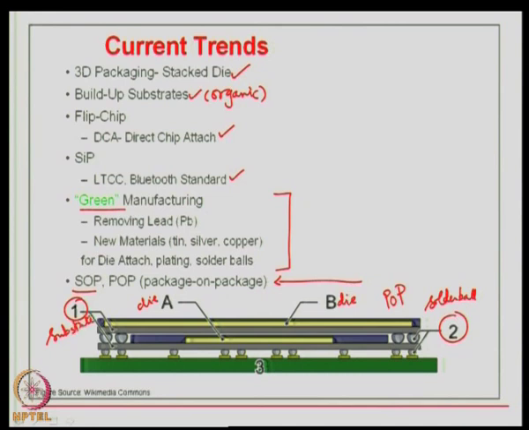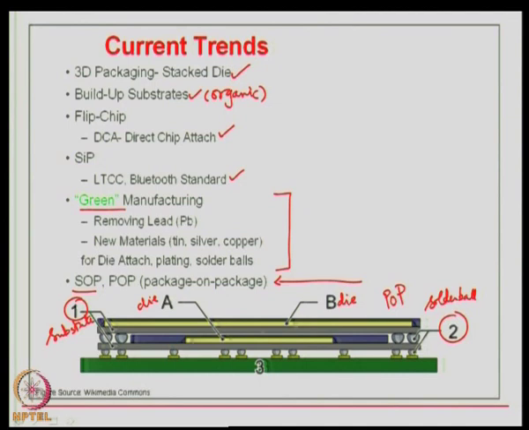of the individual package. If you look carefully at this cross section, you will see that there are 2 completed packages. One includes the die B, which ends in a BGA type of interconnect. Then there is a second package which houses the die A and also contains a BGA kind of interconnect structure. The dimensions of these individual packages and the solder balls, the thickness of the substrate, everything can vary, but in essence you are looking at 2 different packages.